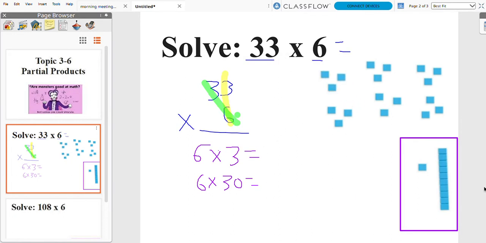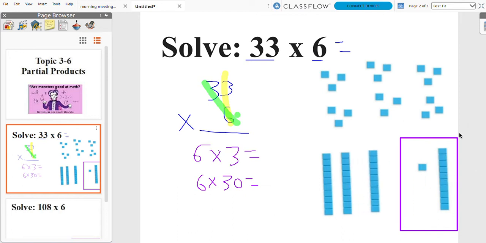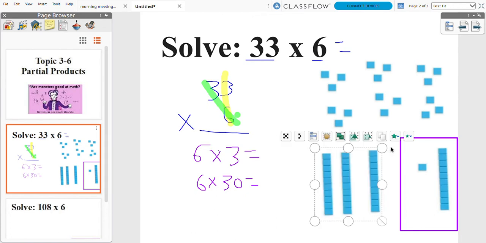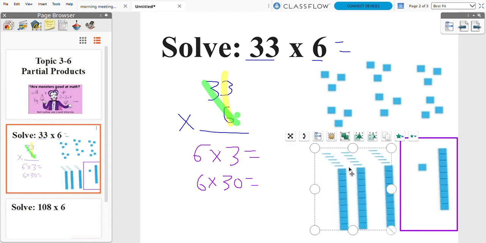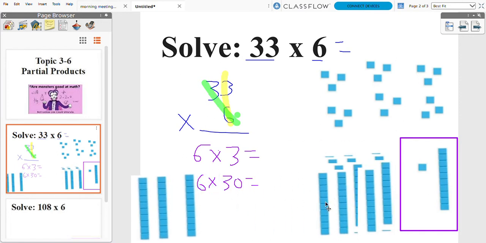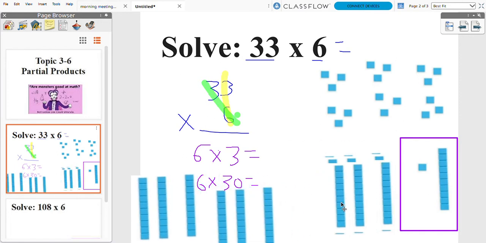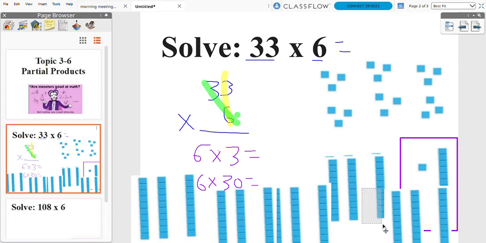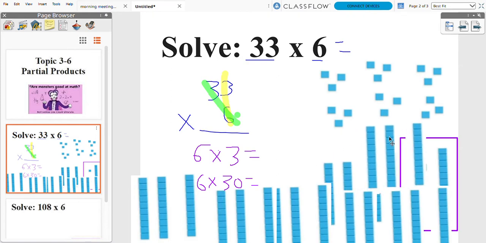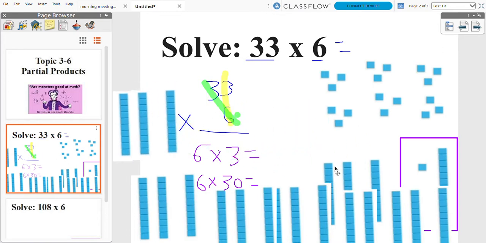Let's look at my 6 times 30. So I need 10, 20, 30, and I need those in 6 groups as well. So let's group those. 1, 2, 3, 4, 5, 6.